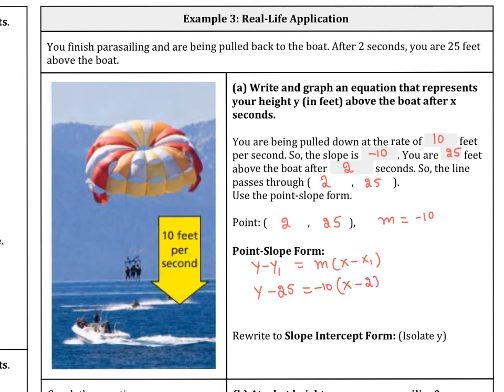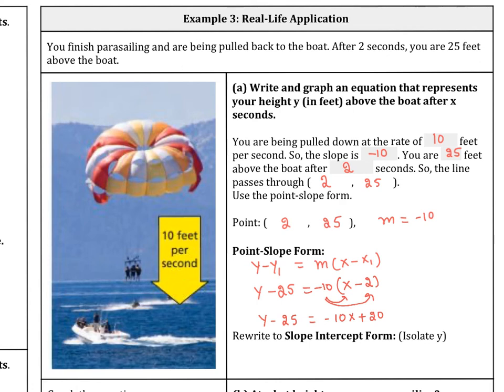So we are going to rewrite to slope intercept form by isolating y. First thing we want to do is distribute the negative 10 inside. So negative 10x plus 20.